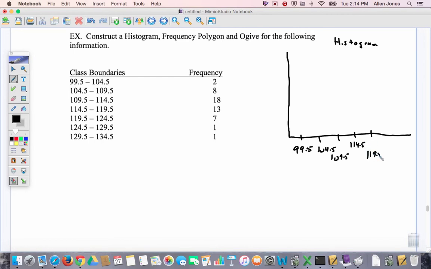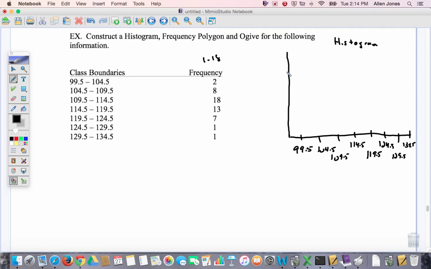I'm just taking a quick moment to plug those in. Okay, so I squeezed those boundaries in there. The other important piece of this graph is that our frequencies go from 1 to 18. So we don't want to go by half units here.